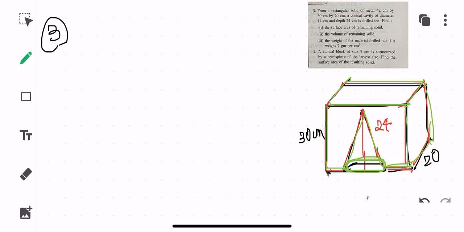Why this circle, children? Because this is not included in the figure, that is a part that you are excluding. So first you will be finding out the total surface area of this particular solid, and then you will be finding out the curved surface area of this particular cone, and then we will be just subtracting the area of this particular circle from this figure.